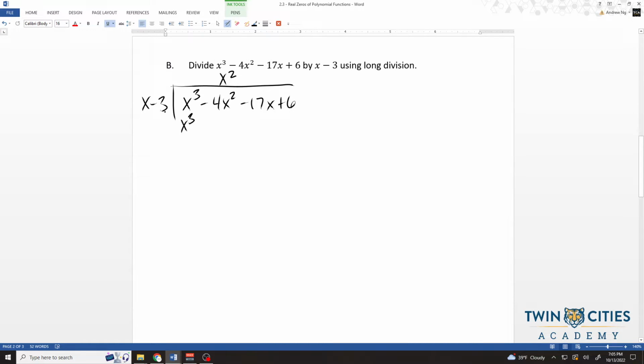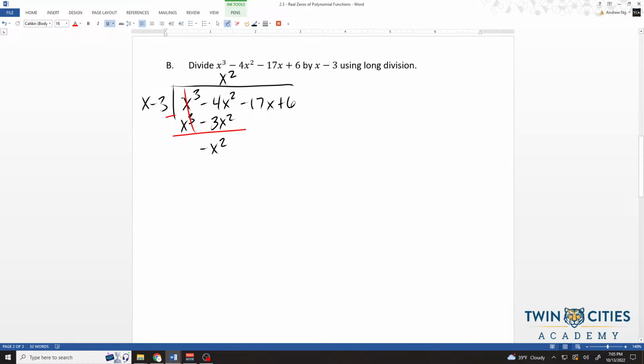X squared times negative 3 is negative 3x squared. And then step 3, I'm going to subtract. These will always subtract out because they're the same. And then negative 4x squared minus negative 3x squared gives me negative x squared.